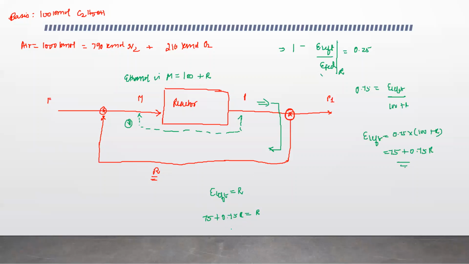Hence, we'll get 0.25 R is equal to 75. So from here we get R as 300.